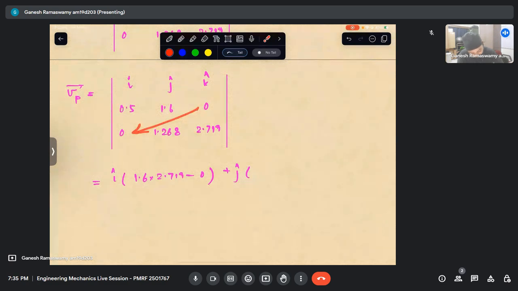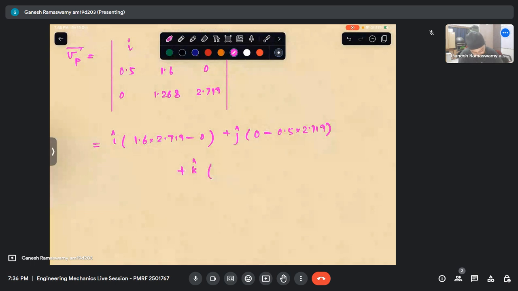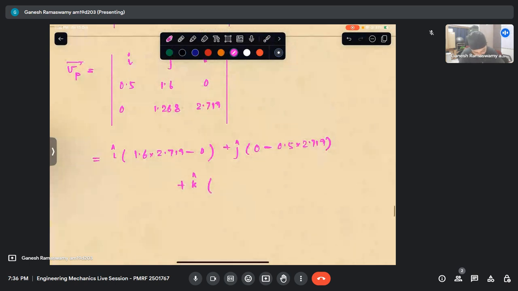So this will be 0 minus 0.5 into 2.719. Mind you, these are not cross products, this is just simple multiplication. For the paucity of symbols, I'm just using that. Plus k cap into 1.268 minus 0.